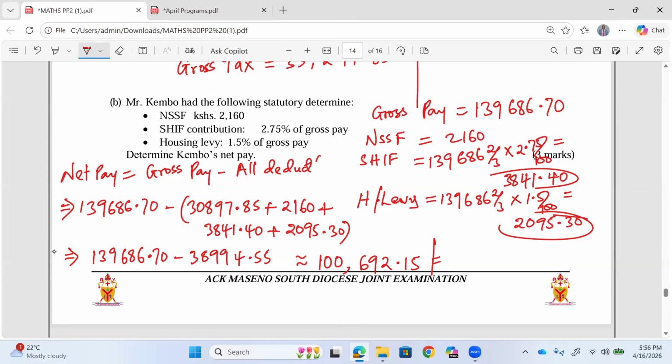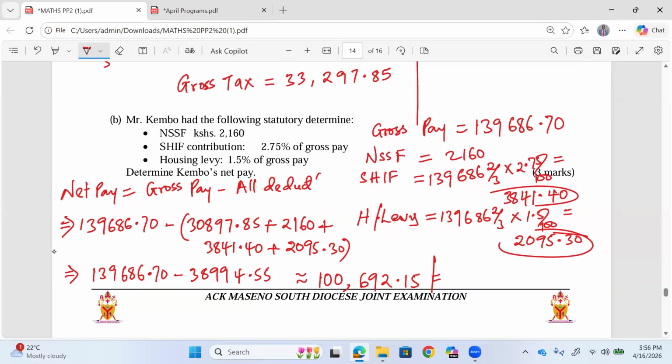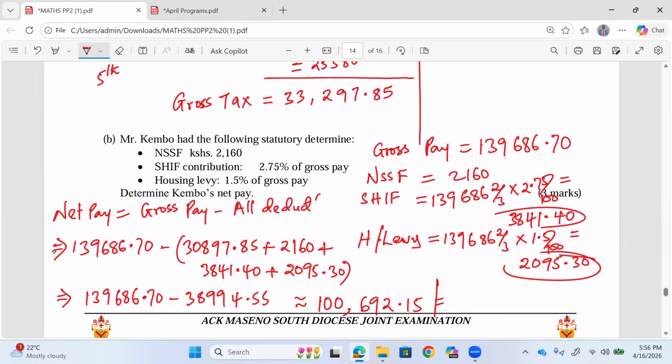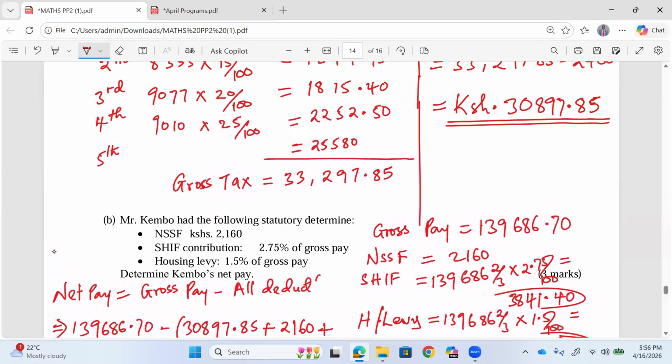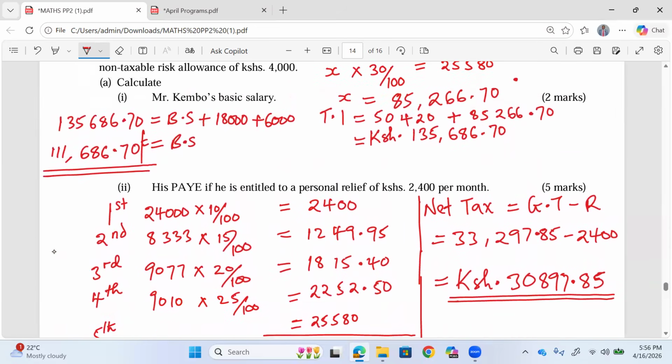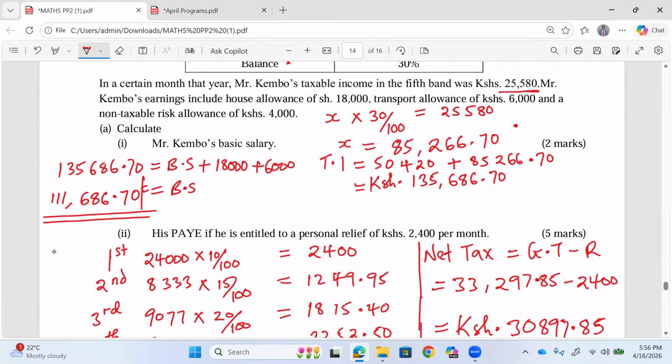There are very many things that you're supposed to know about taxable income or taxation generally, commercial arithmetic to be specific. On taxation, we're supposed to know that total taxable income is given by basic salary plus all the taxable allowances. There are some allowances that are not taxable, just like the non-taxable risk allowance mentioned here.